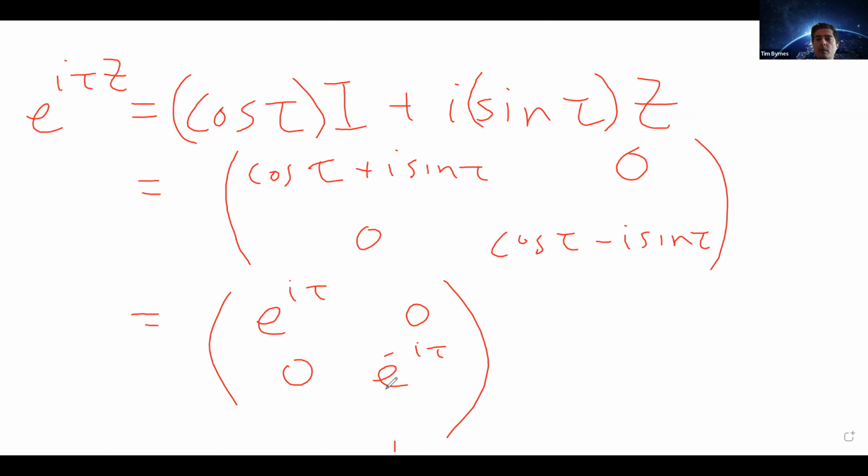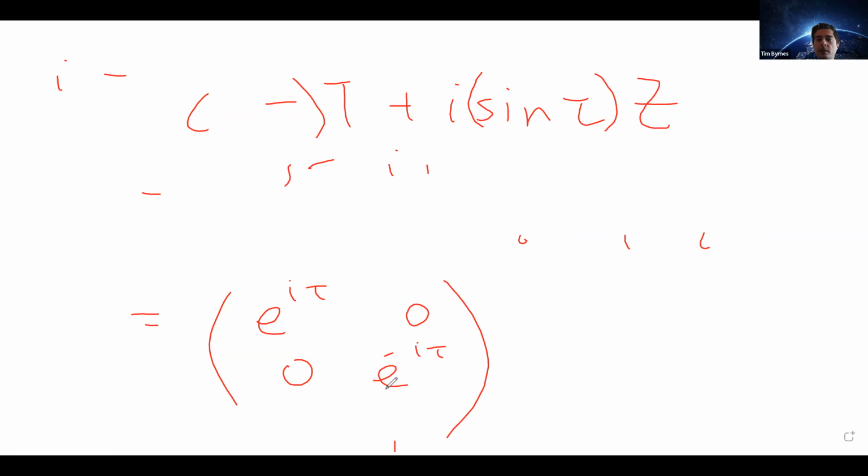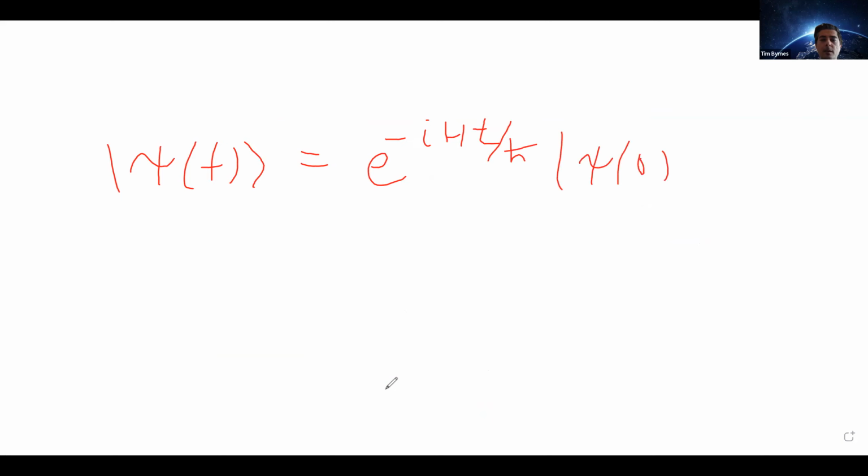So the final state is e to the minus H t over h bar times the state.